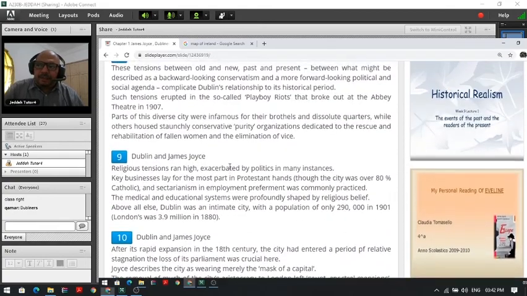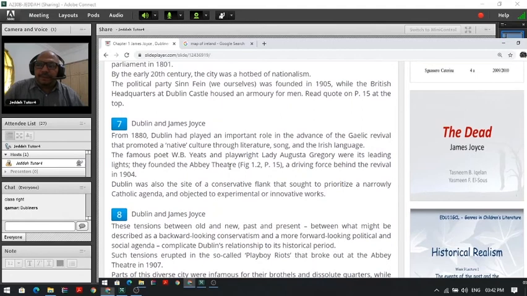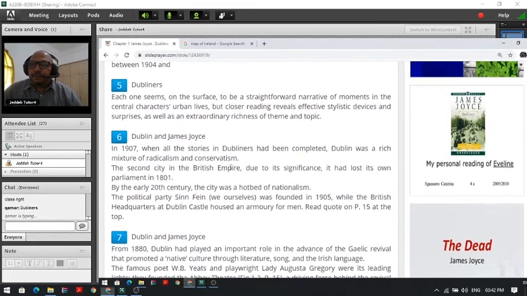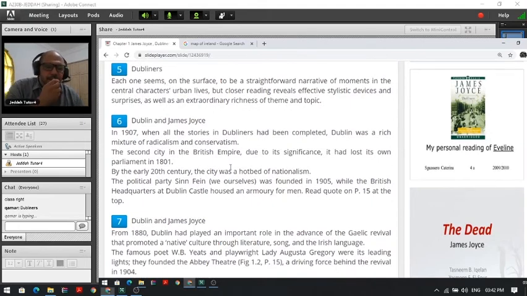Again, the title of the collection of short stories is very significant, and it can tell you a great deal about what to expect in these collections. When I say it's The Dubliners, what do you understand, or what comes to your mind? Okay, so Kamar is saying the people of Dublin.